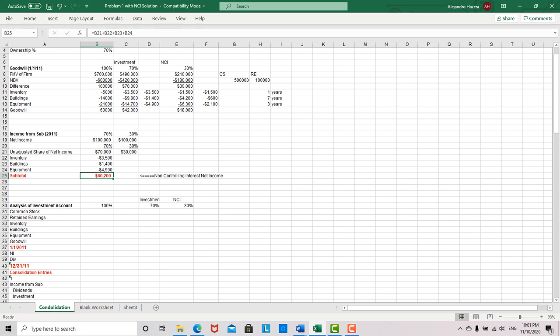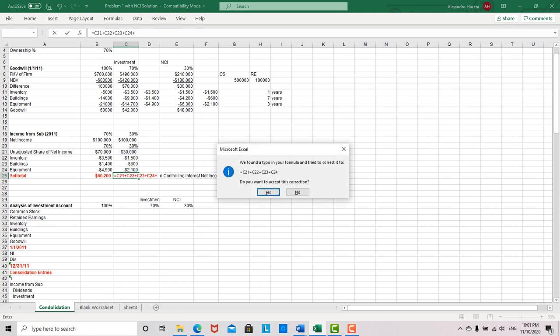Let's finish the non-controlling interest. For the non-controlling interest, you're going to do the same thing, but you just go over to the non-controlling interest column. The non-controlling interests are basically the 30% write-offs. So for non-controlling interest, income is 30,000 plus negative 1,500 plus negative 600 plus negative 2,100.